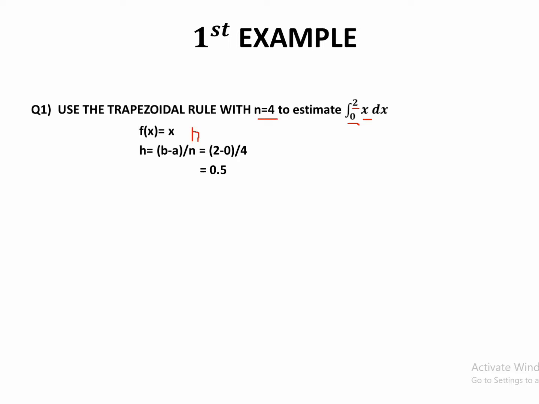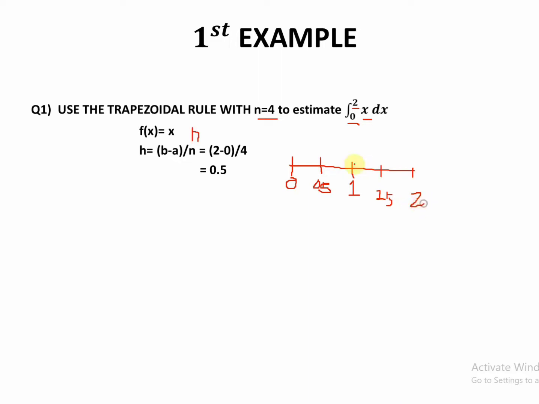Now our intervals become like this. First is 0, then with an interval of 0.5, second is 0.5, third is 1, fourth is 1.5, and fifth is 2.